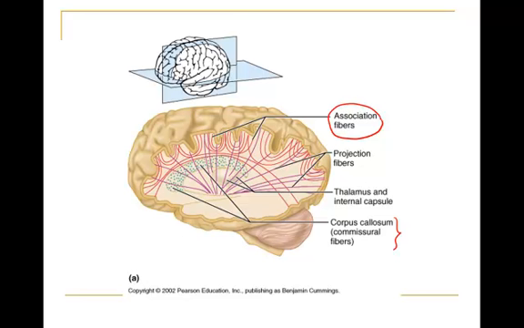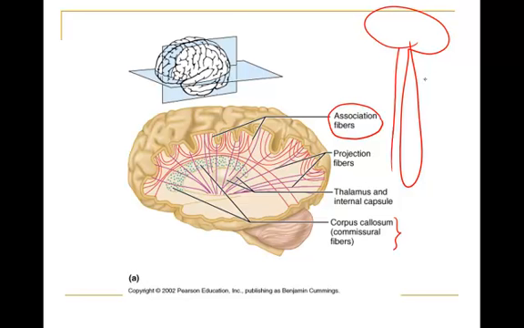And then we have what we call projection tracks. Projection tracks are those that come into the hemisphere from down below. So here's our brain, here's our spinal cord. Projection tracks are going to go up, so they're coming up or they're going down. They're ascending or descending. They can come in bringing sensory information or they can leave to lower areas.